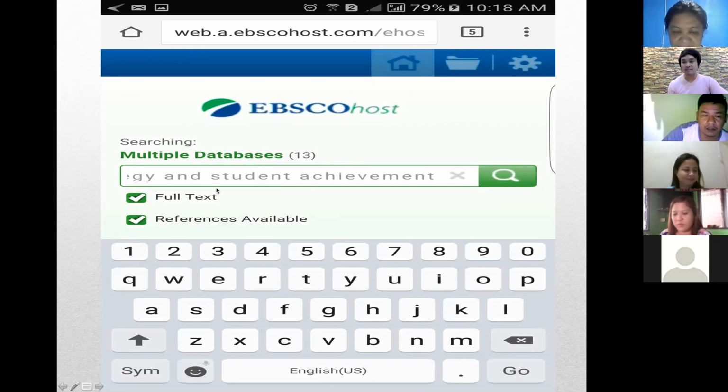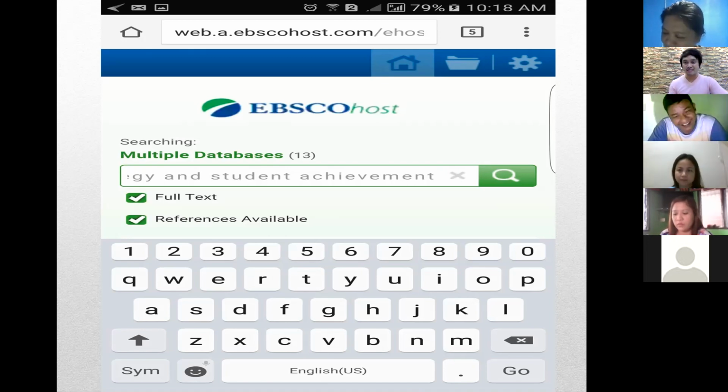Kaya hindi pwede magkabaligtad yun. Maunang IV bago DV. Ulitin ko, for the nth time around, hindi pwedeng baligtaran dito. Kaya yung favorite number nyo na 69, huwag nyo munang i-apply dito. Baka hindi applicable yun.